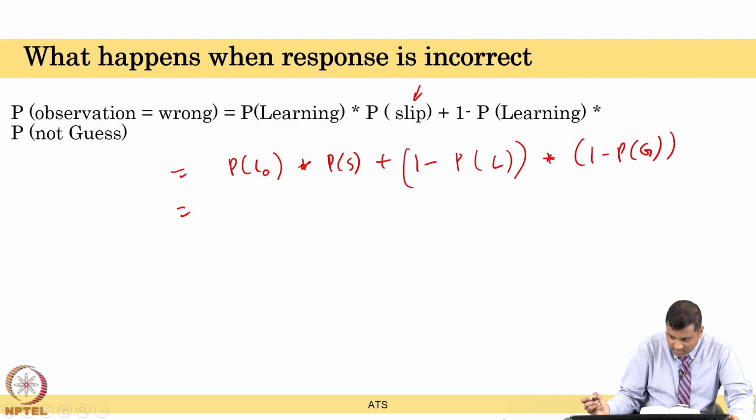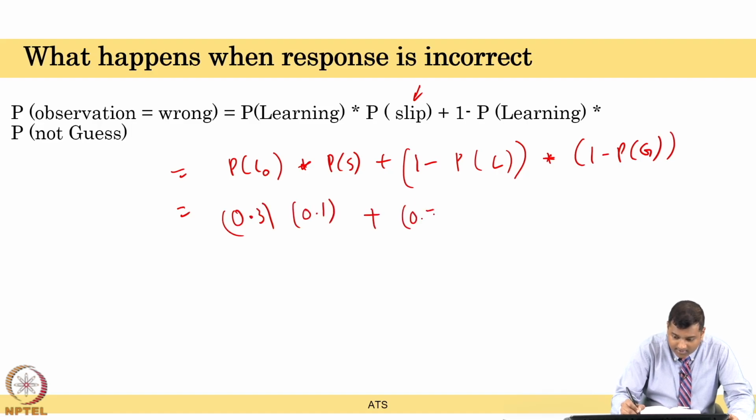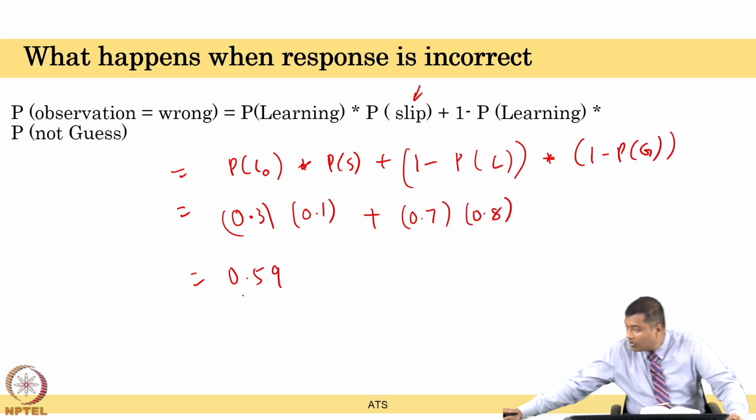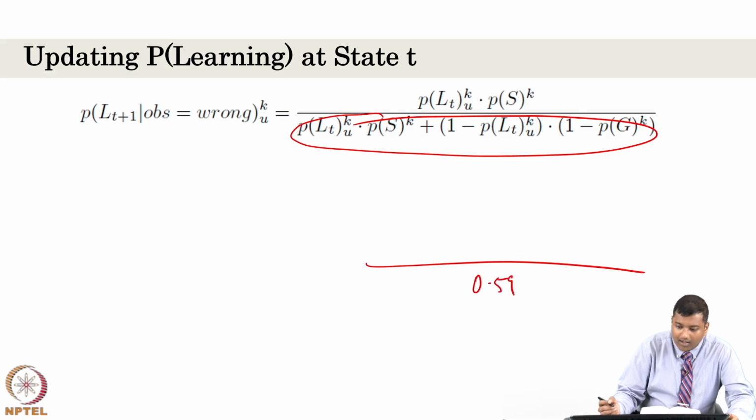So let's substitute these things inside the formula. So this is 0.3 times 0.1 plus 0.7 times 0.8, which gives us the value of about 0.59. Okay, so I've got the denominator now, 0.59.